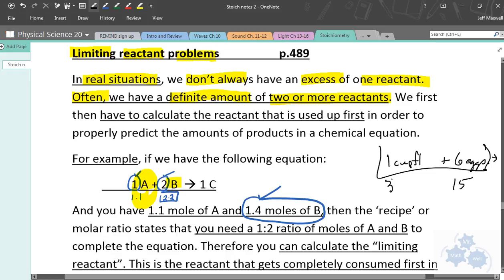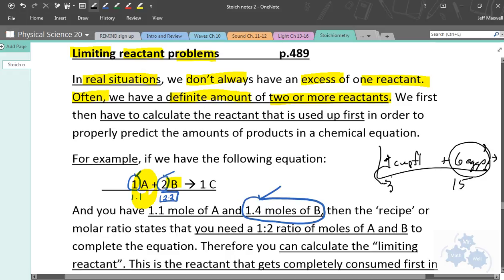Well, we've got 3 cups of flour, so you might say we're going to make 3 dozen because I've got 3 times as many flours. Well, do we have 3 times as many eggs? No, we don't. So you see how one is a limiting reactant? We do not have enough eggs to make 3 full dozens. We can only make 2.